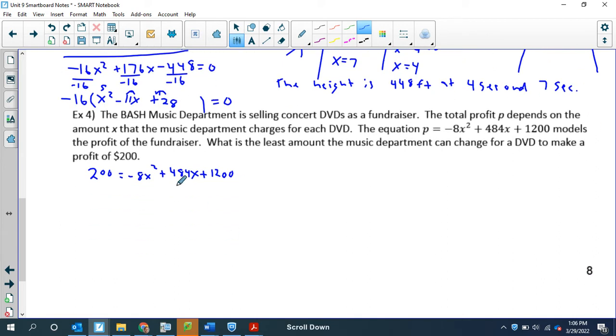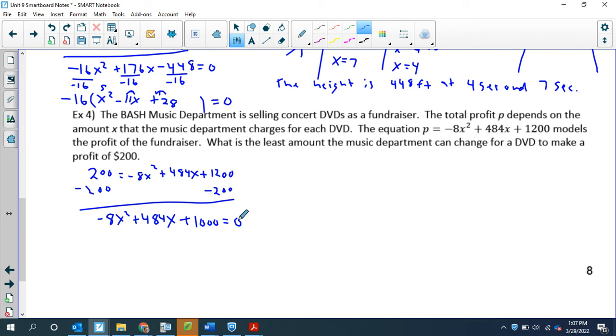All right, so just like above, we're going to have to get it equal to 0, so I'm subtracting 200. And I get negative 8x squared plus 484x plus 1,000 equals 0.